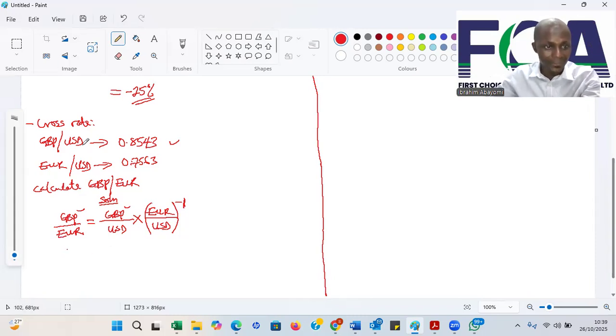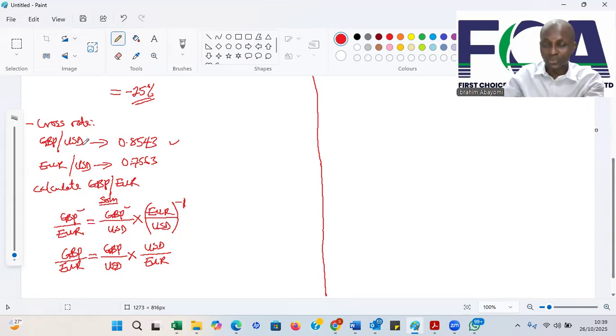So doing this, I will have GBP to euro equal to GBP to USD. Now, when you invert this one, it becomes USD to what? To EUR.